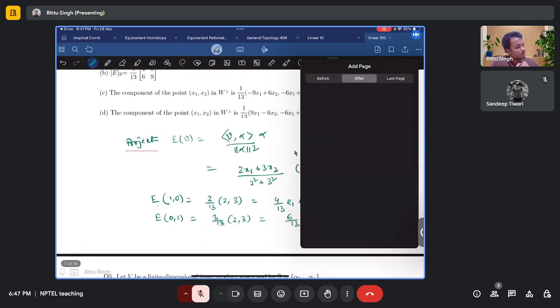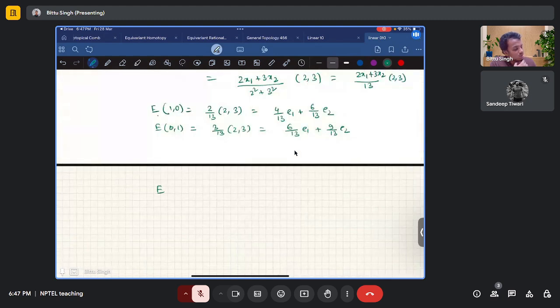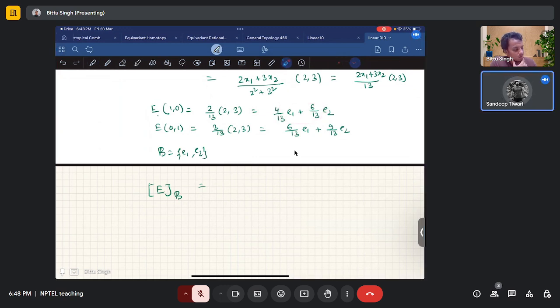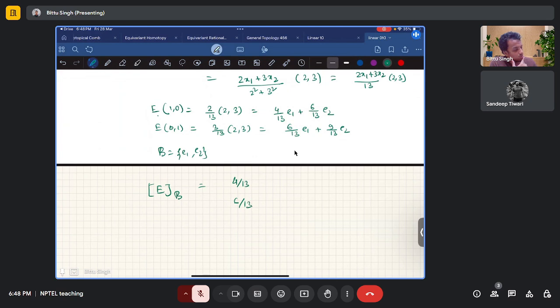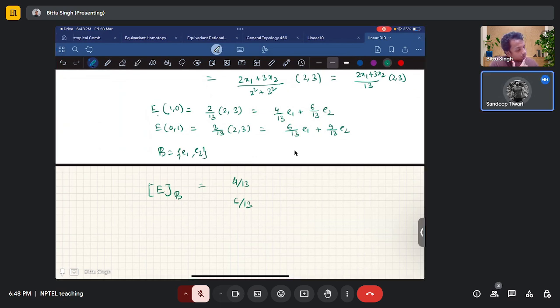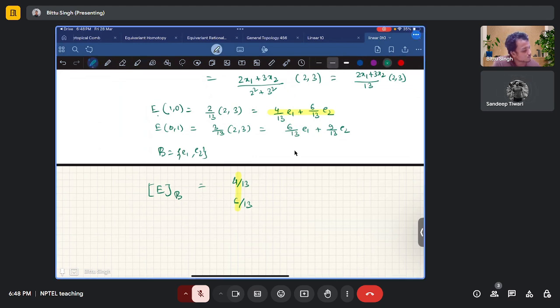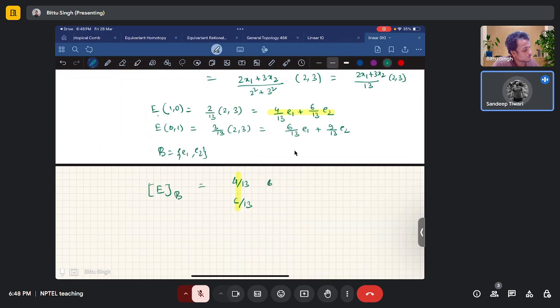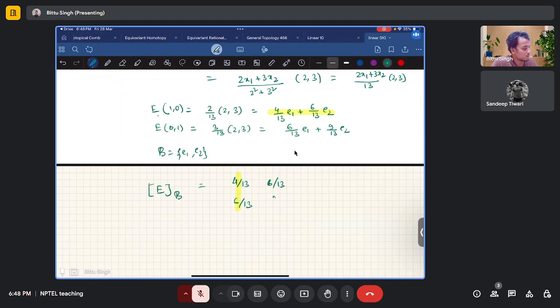Therefore, the matrix representation of this E with respect to the given basis E1, E2 is obtained by putting these coefficients column-wise: 4 by 13, 6 by 13 as the first column, and 6 by 13, 9 by 13 as the second column.